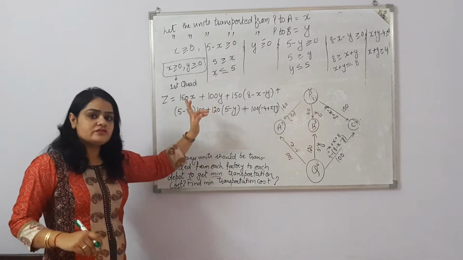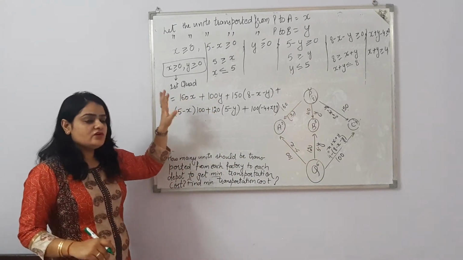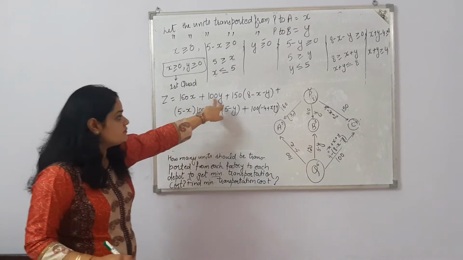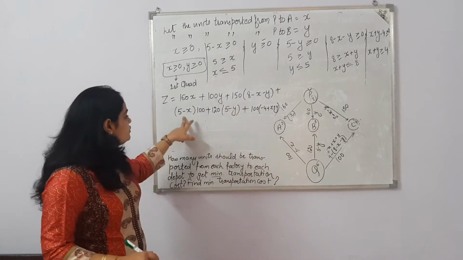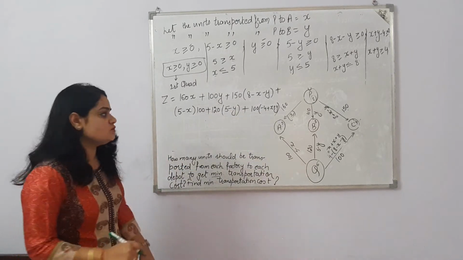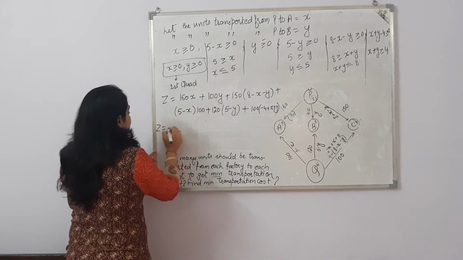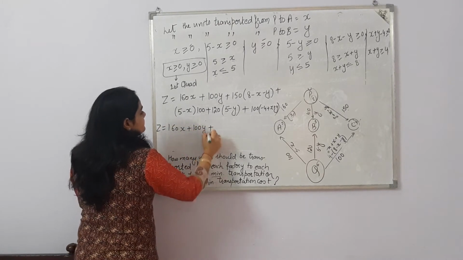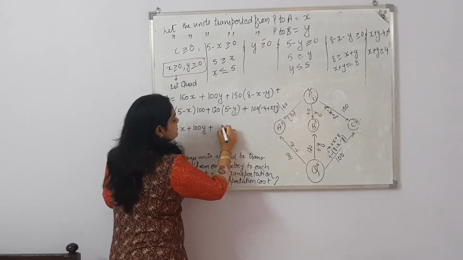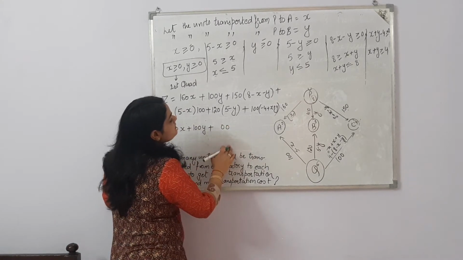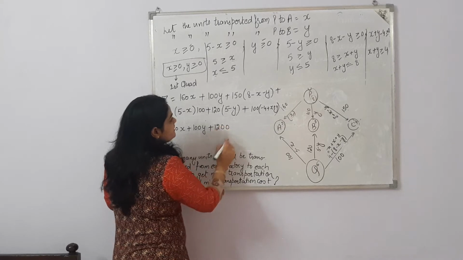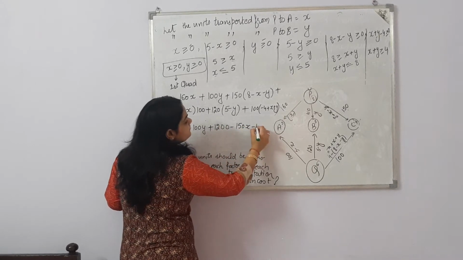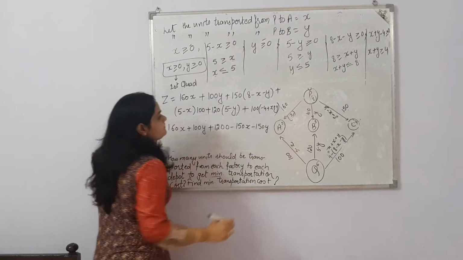So the total transportation cost will be: this is the cost from T to A, this is the cost from T to B, the transportation cost from T to C, Q to A, Q to B and Q to C. The total cost is this. Now we'll solve it out. 160x, 100y, 1200 minus 150x minus 150y.